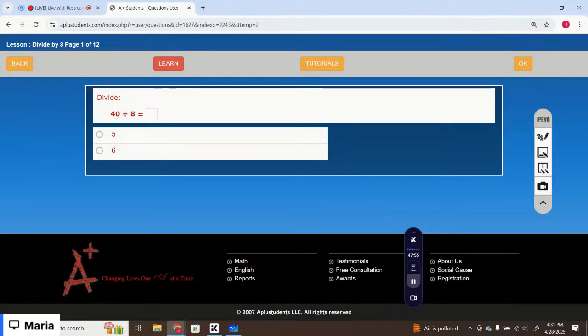So 40 divided by 8 is, that is 8 times 5 is 40. The correct option is 5.